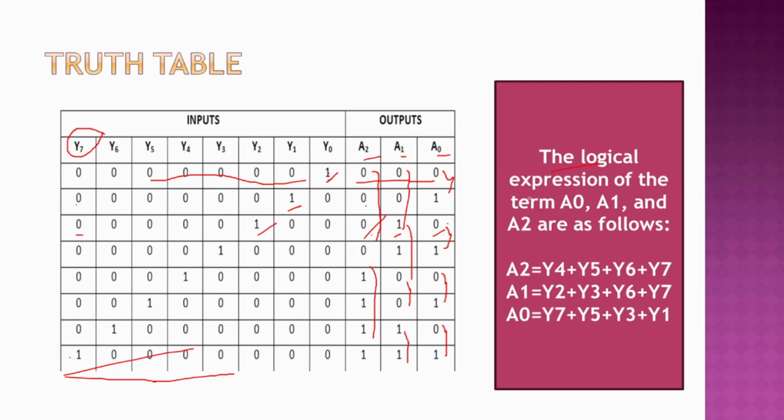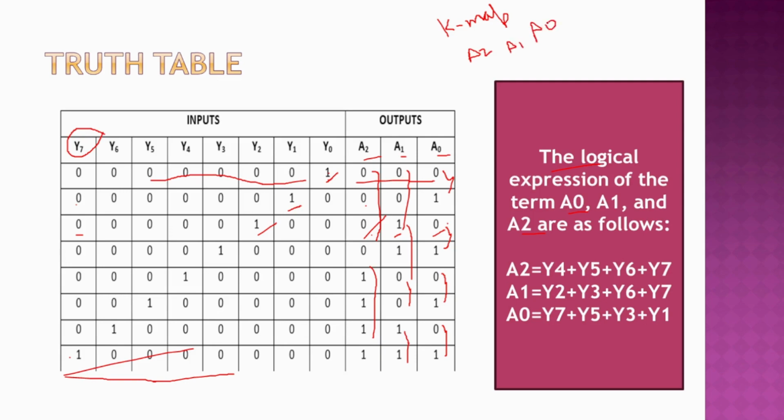The logical expressions of a0, a1 and a2 are derived with the help of the K-map, as I told you before. Draw the K-map for all the outputs: first for A2, afterwards A1 and A0.